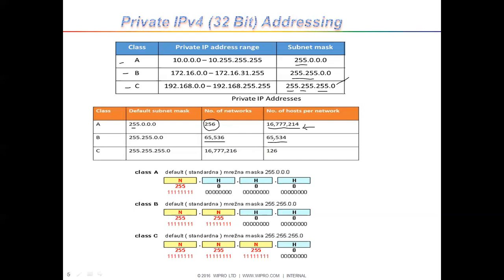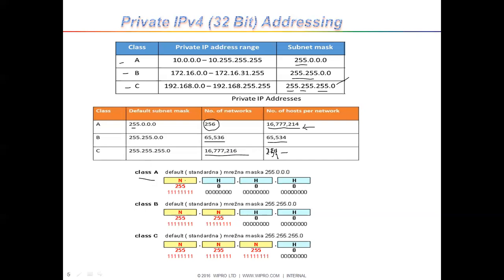In class C, you can create this many networks, and the number of hosts per network is 254, not 255. One will be the network ID and one will be the broadcast ID.